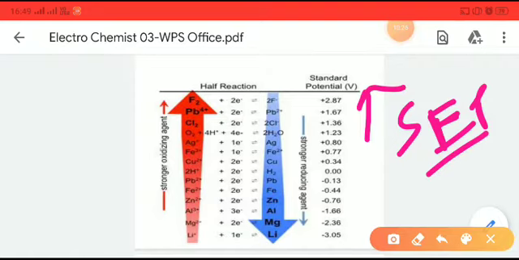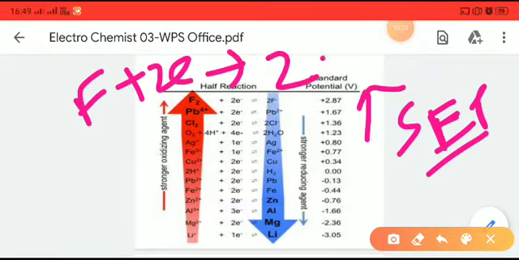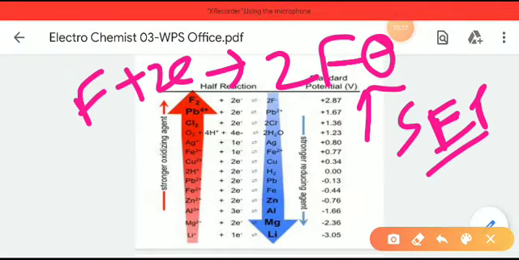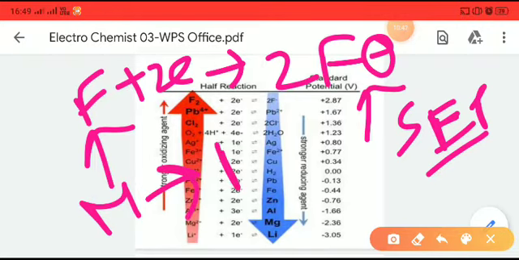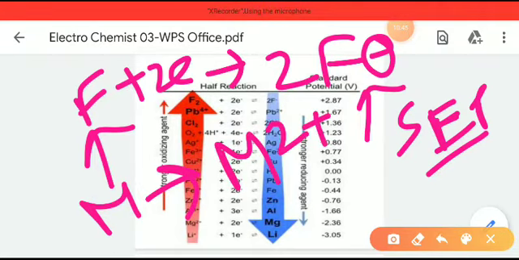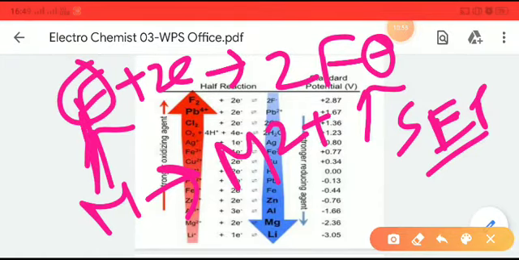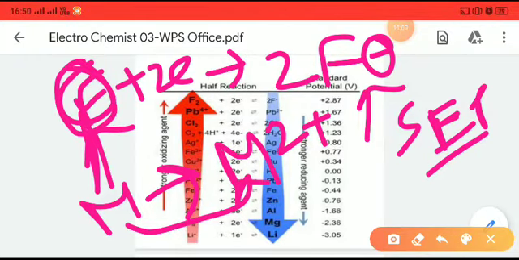In that case, fluorine will easily take 2 electrons and become 2F minus, so it is reduced itself, but it is taking these 2 electrons from a metal, suppose M. So this metal becomes M2 plus, leading to an oxidation reaction. So fluorine will be acting as an oxidizing agent.